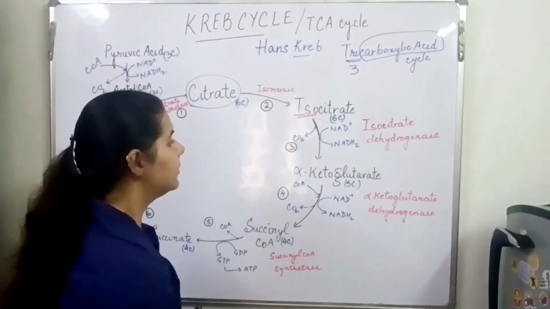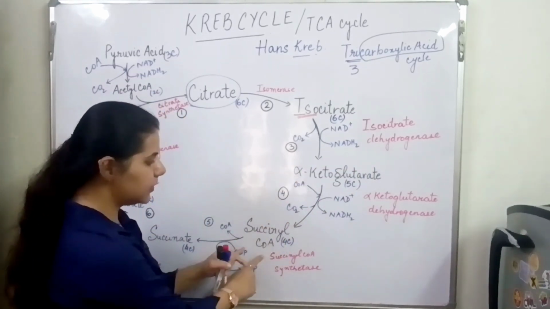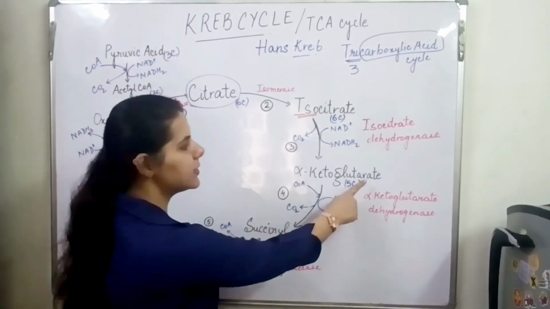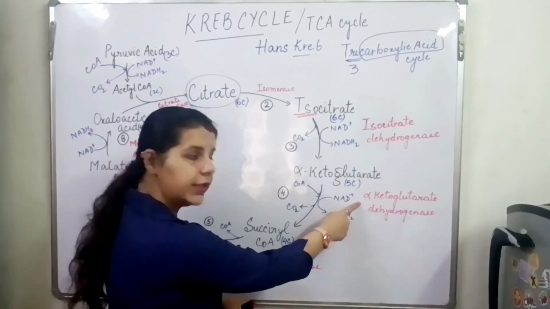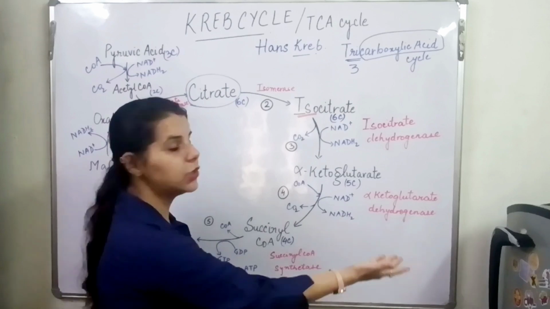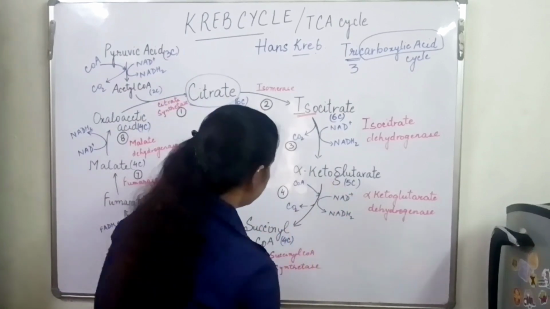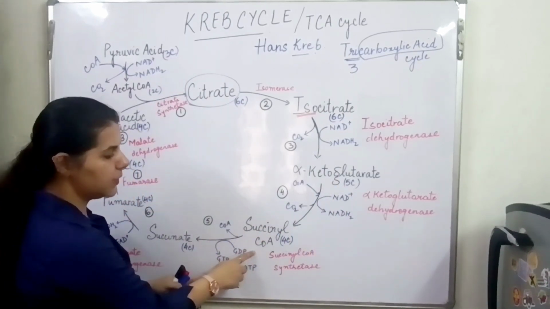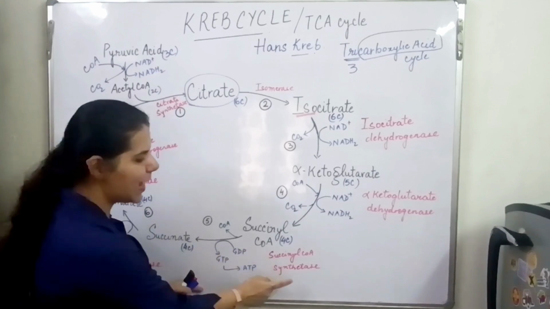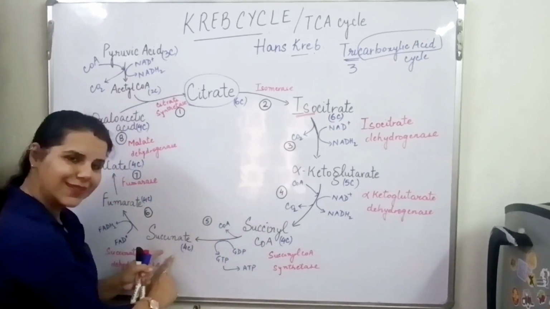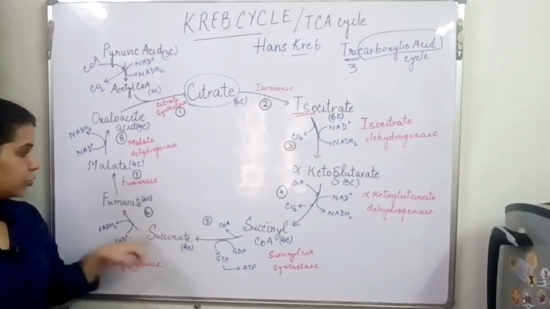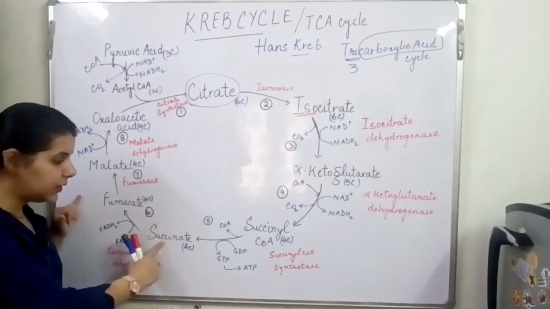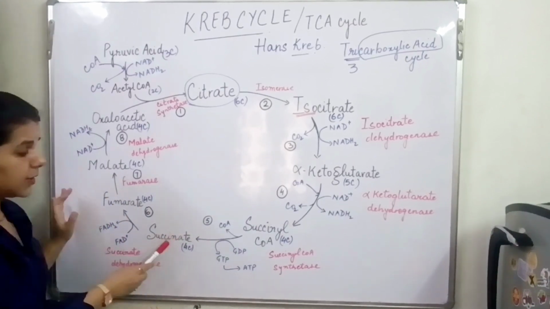Easy. Then from alpha ketoglutarate, succinyl coenzyme A is being synthesized. So the substrate here is alpha ketoglutarate, hence the name alpha ketoglutarate dehydrogenase. Now from succinyl coenzyme A, we'll write the substrate as it is and add synthetase. Why? Because succinate is being formed here. Now from succinate to fumarate, the substrate here is succinate.